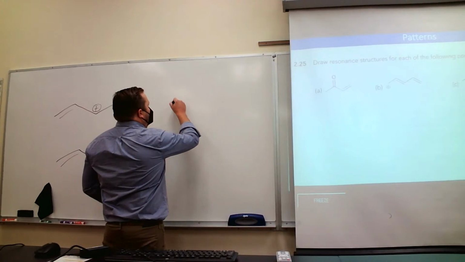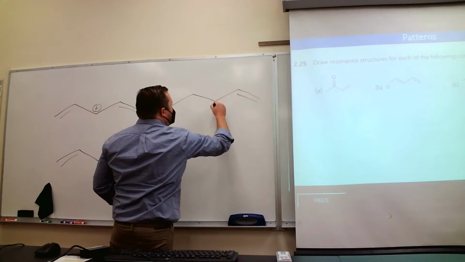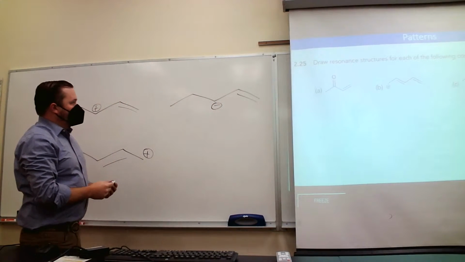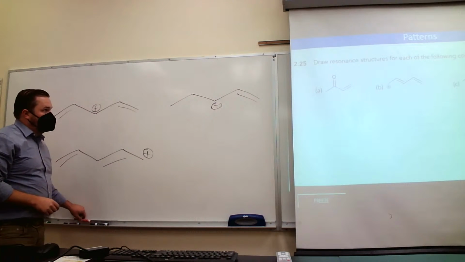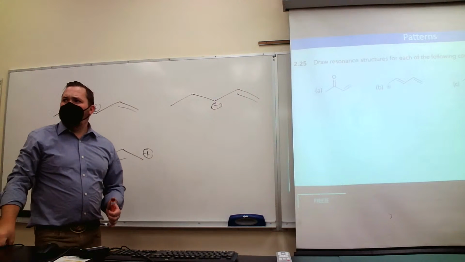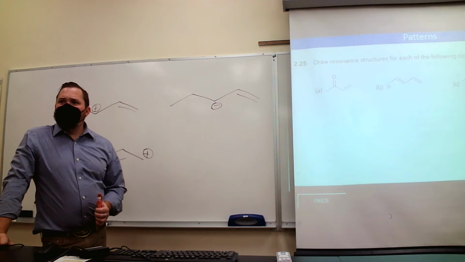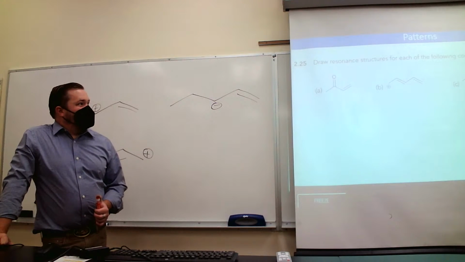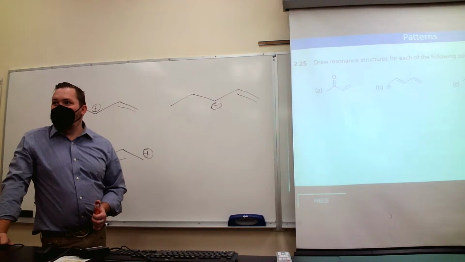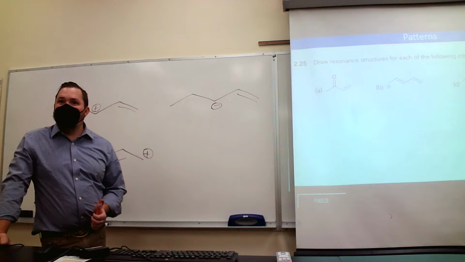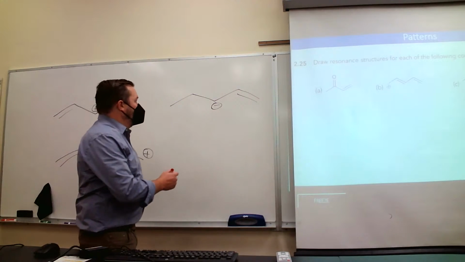What about C? How many can we do? We really only have 2 pairs of electrons that can contribute, right? Which means you're probably only going to have a total of 2 resonance structures.